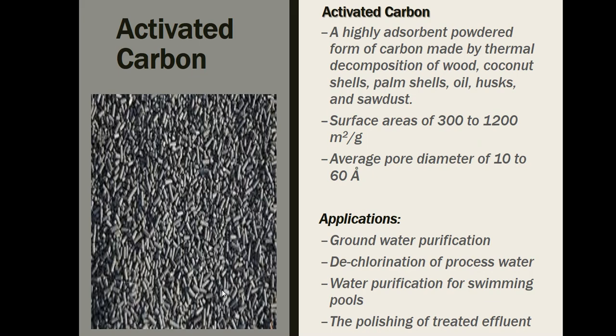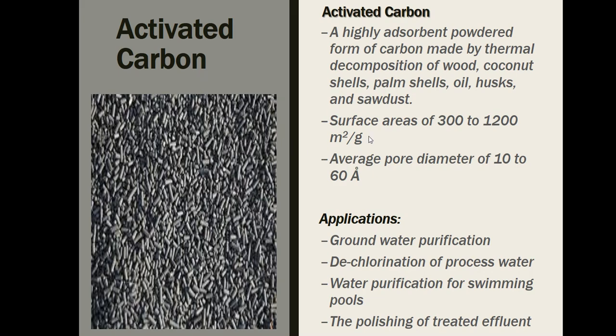I think you already have in mind some common examples of adsorbent, and on top of the list is activated carbon. It's highly adsorbent, powder in form, made of carbon, made by thermal decomposition of wood, coconut shell, palm shells, oil husk, and sawdust. They can be derived from these sources. I'm referring to activated carbon, or AC.